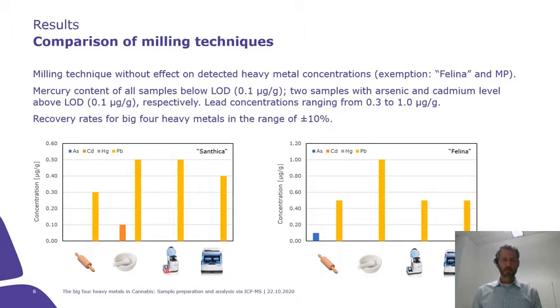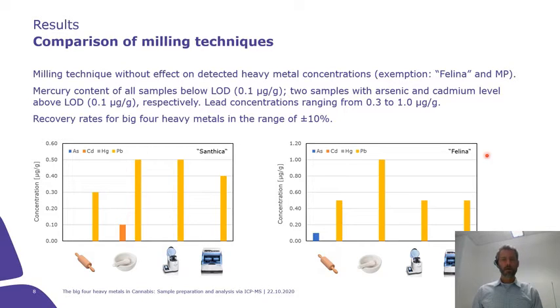for all the 4 milling techniques, and you can nicely see that they provide quite similar results. For your information, the limit of detection for all the metals is 0.1 micrograms per gram, and we were in that case working quite close to the LOD. On the right hand side, you can see the Felina variety of cannabis.